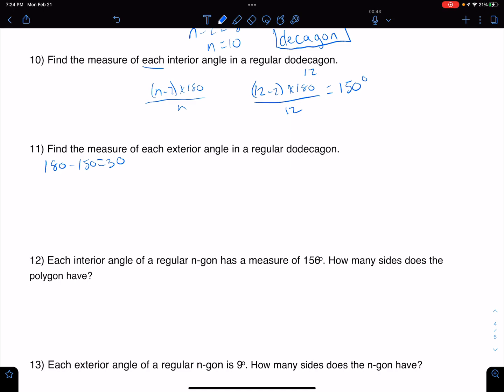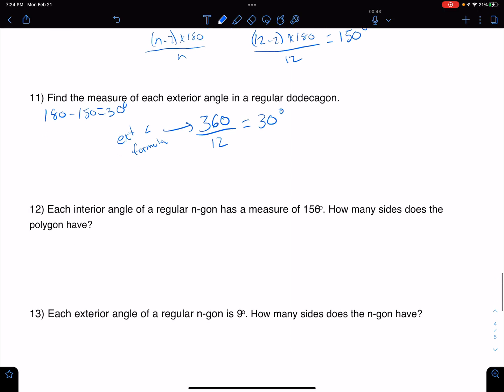But I could have also said the exterior angle is 360 divided by 12, which is also going to be 30 degrees. So this is the exterior angle formula, 360 divided by n.